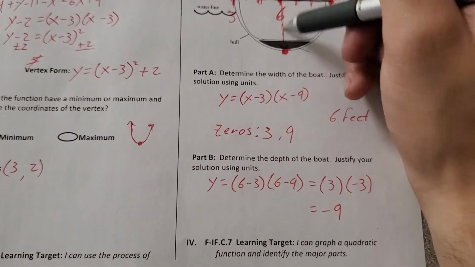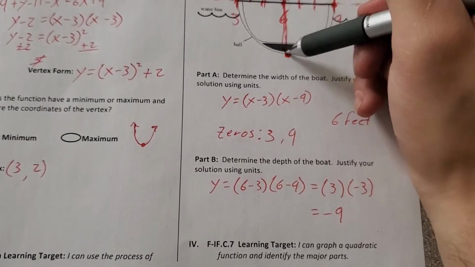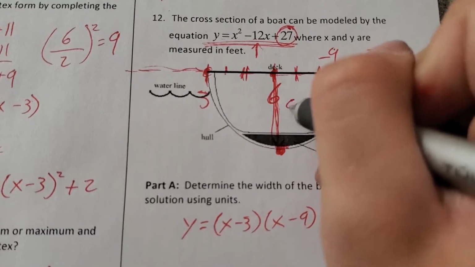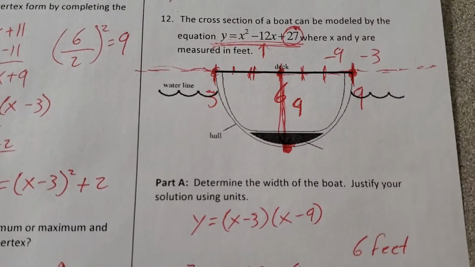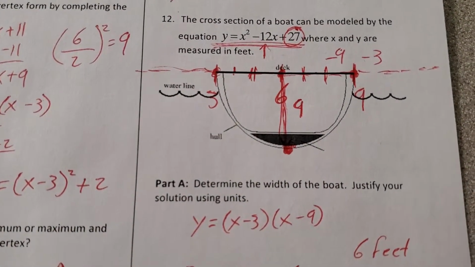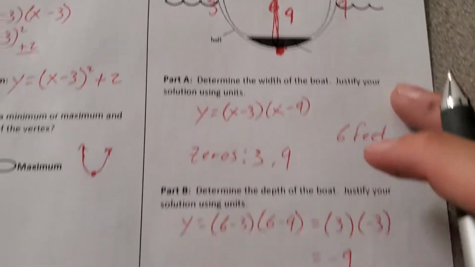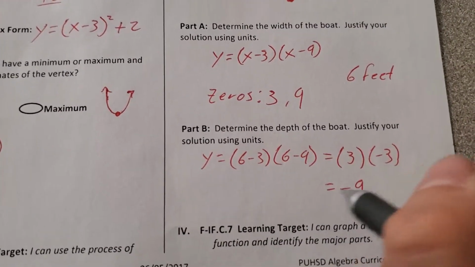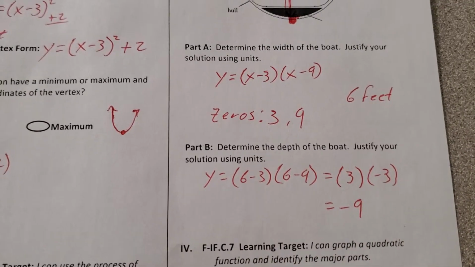This is negative 9, but it's length. So we know it's 9 units, it's length. So that means the length is 9 units. It doesn't really have to be negative. We just know that the length is 9 units. And that's it for page 2.